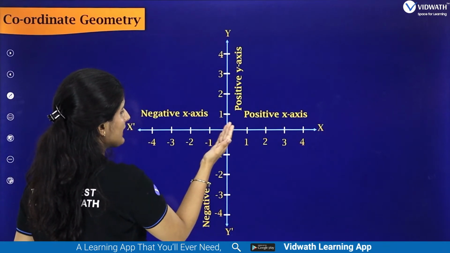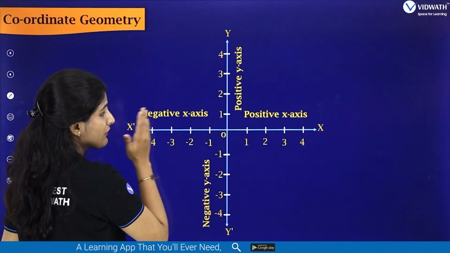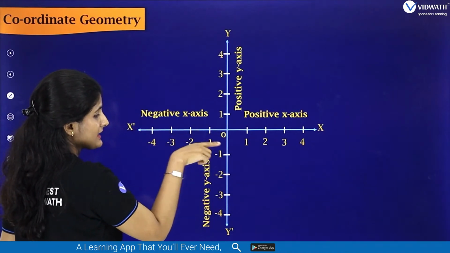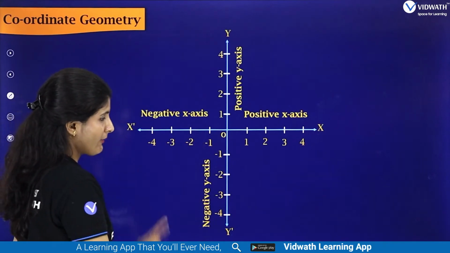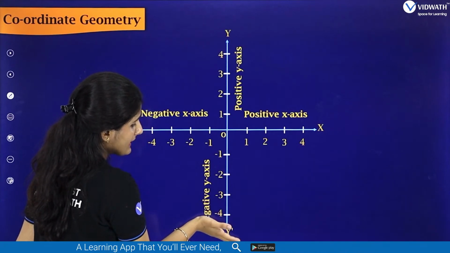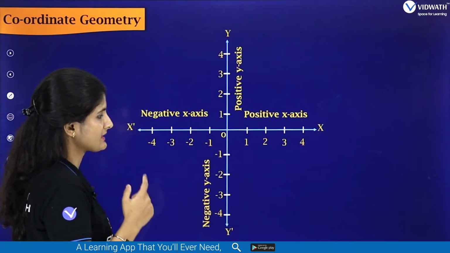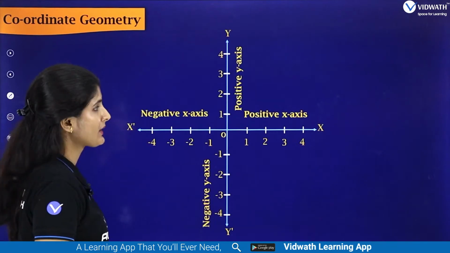The points to the left of the origin on the x-axis are called the negative x-axis since all the points here are negative. The points below the origin on the y-axis are called the negative y-axis since all these points are negative.